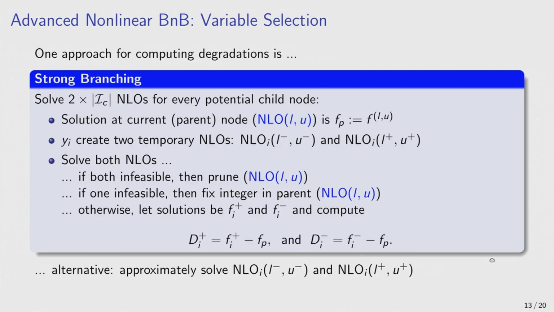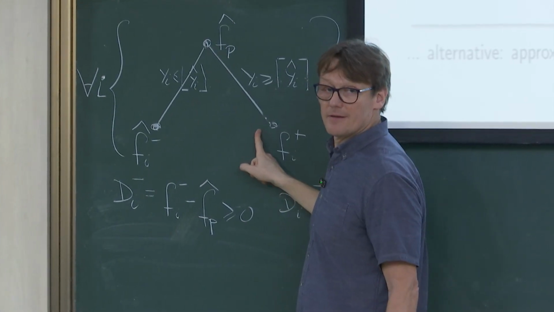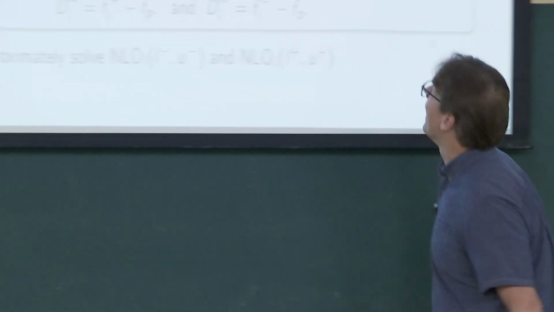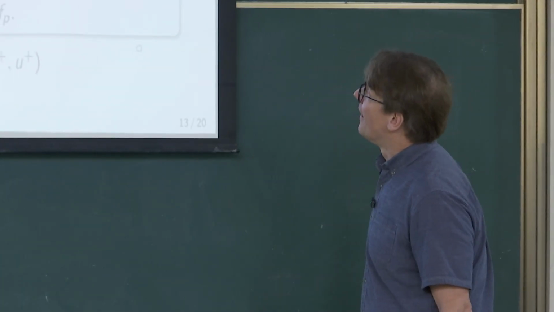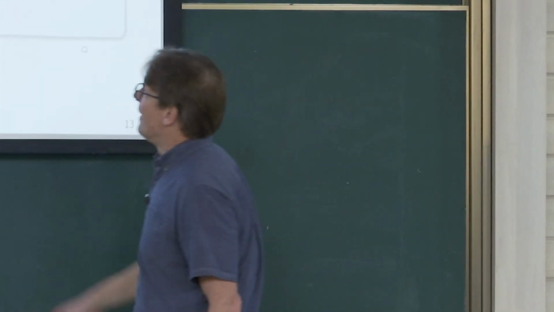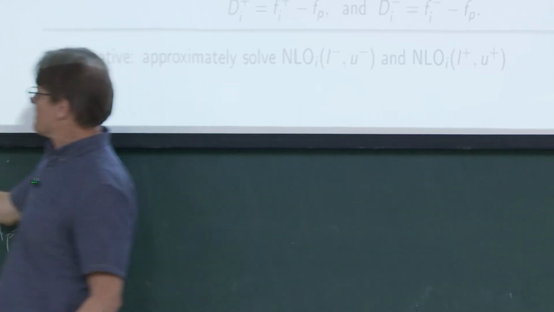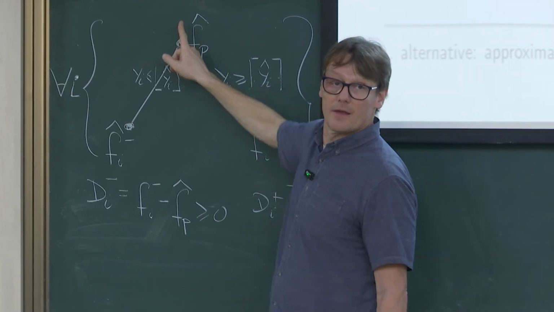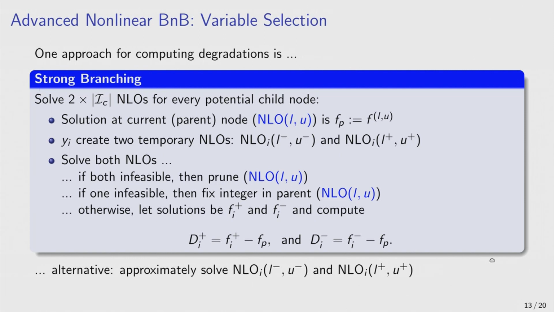There are some additional advantages in this. First of all, if it turns out that both these problems are infeasible, what does that tell you? If both these problems are infeasible, then you know that this node is also infeasible, because eventually you will have to set those variables to one or the other.